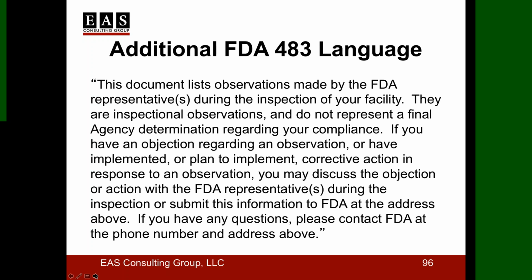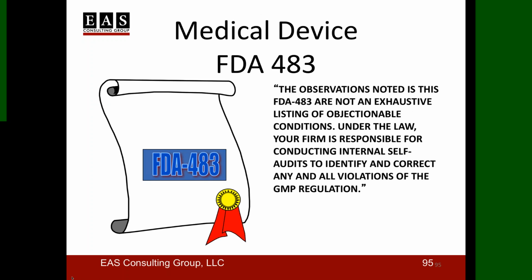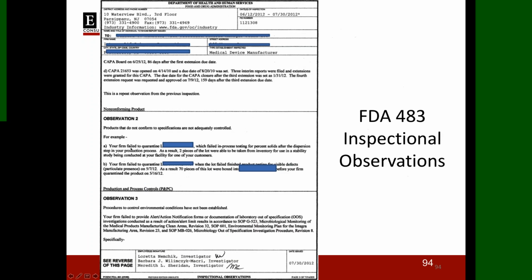So continue on. If you have an objection regarding an observation or have implemented or plan to implement corrective action in response to the observation, you may discuss that with the FDA representative during the inspection, or submit this information to FDA at the address above. Again, going back, that's the address all the way here at the top, where in this case it's district office, but it's not district office right now.